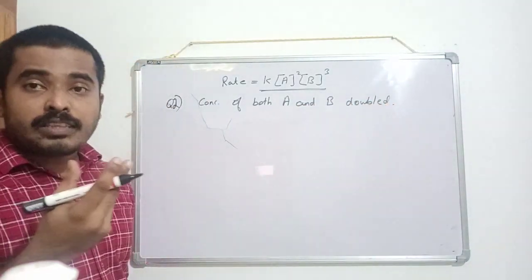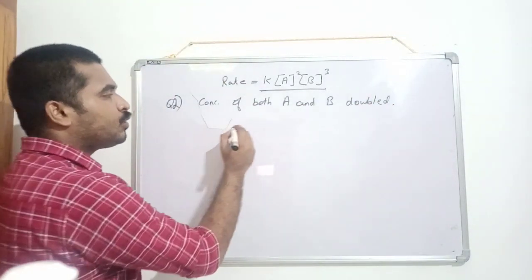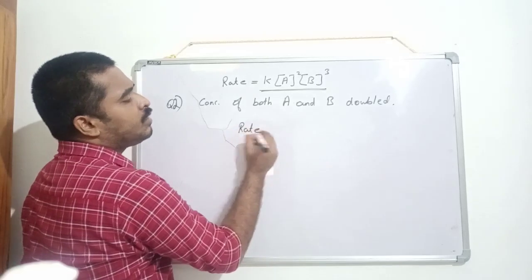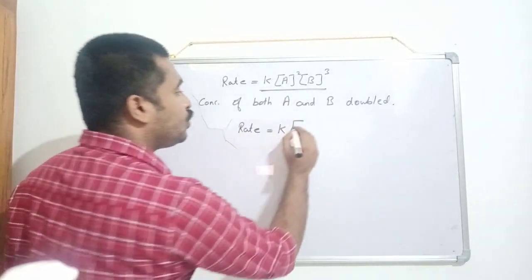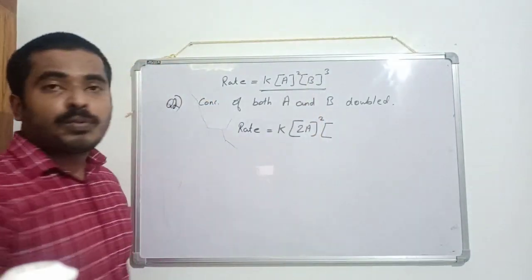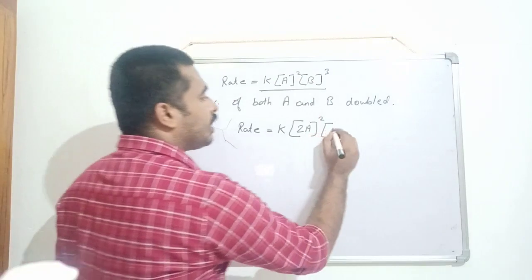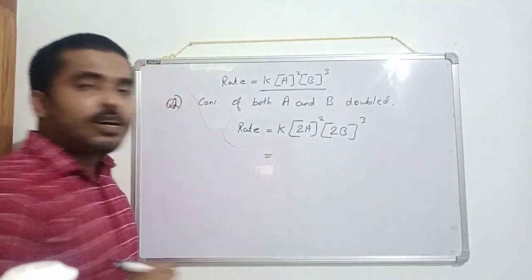We are doubling the concentration of both A and B. Then what will happen? We need to write rate equal to K into, instead of A I need to write 2A square. Instead of B I need to write 2B cube.